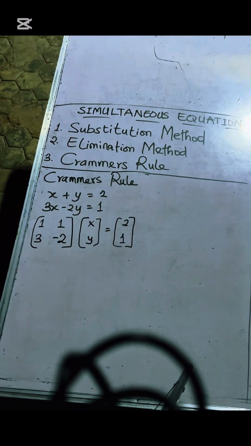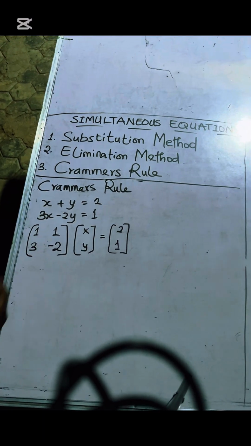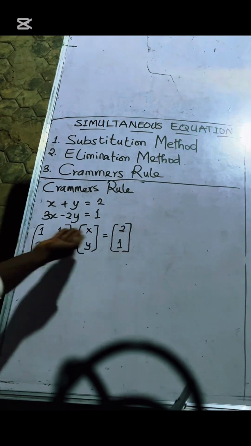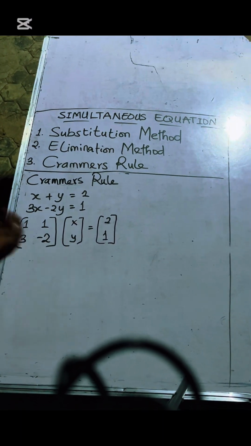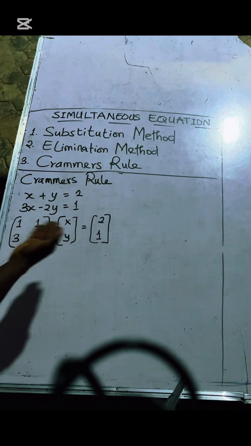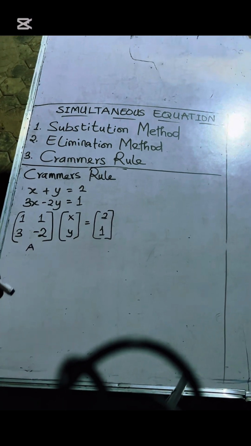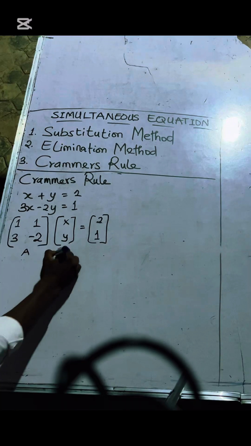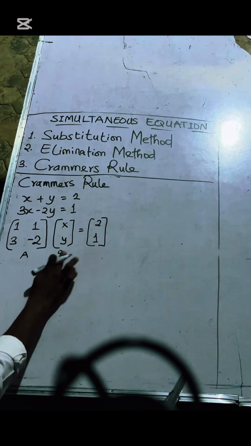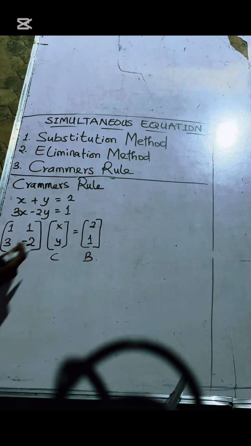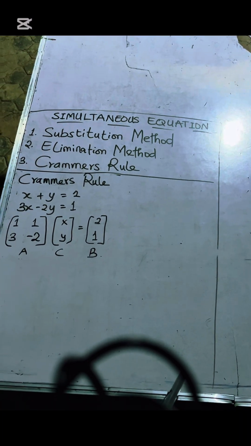Now, in solving Cramer's rule, I like labeling my matrices. This is a 2 by 2 matrix, whereby you have 2 rows and then 2 columns. Now, I can name this matrix A, matrix B, or rather matrix C and matrix B, because it's actually x and y that we are looking for.